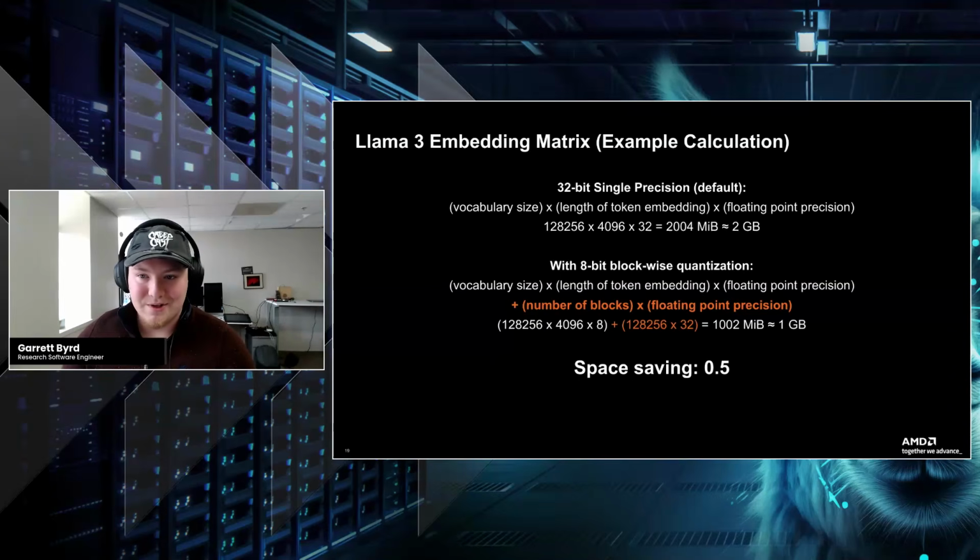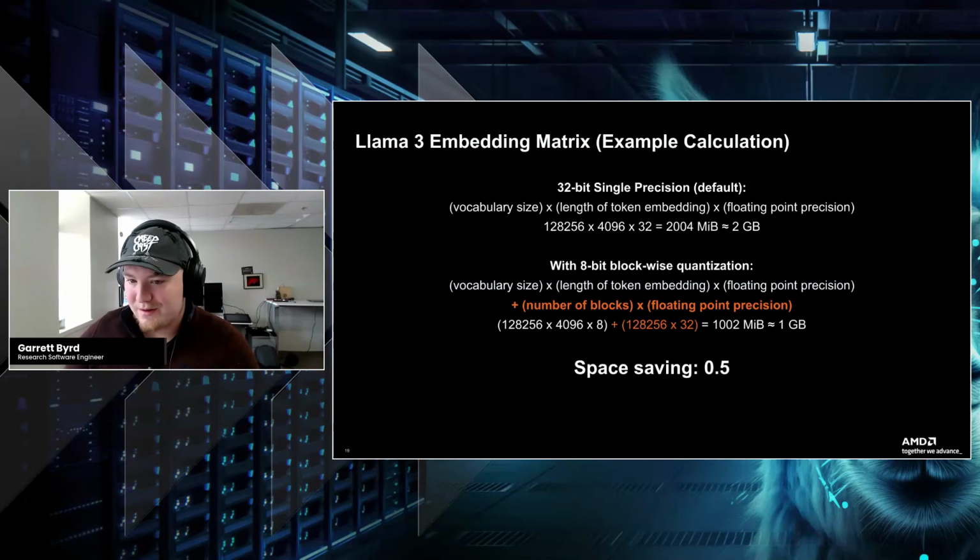Each token has an embedding, and the vector embedding has a length of 4096. Raw, so to speak, when we factor in the memory footprint, the single matrix comes out to be about 2 gigabytes in memory.